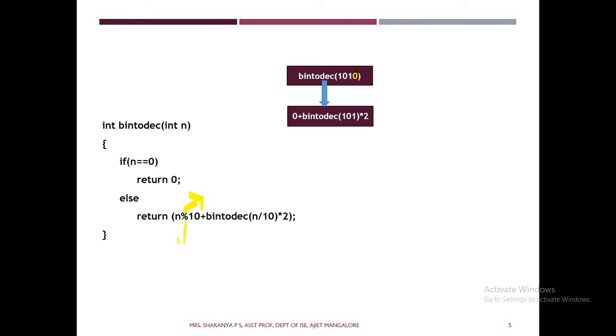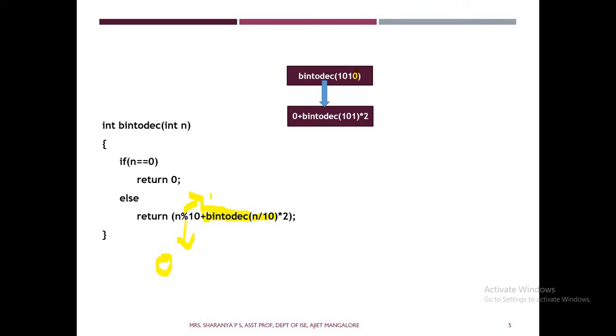The last digit is obtained, or we can say the remainder. Next, we call the function once again, because we have to compute the binary to decimal value of the remaining digits. We get the remaining digits by performing n divided by 10. That is, n is now 1010 divided by 10, which gives the value 101.